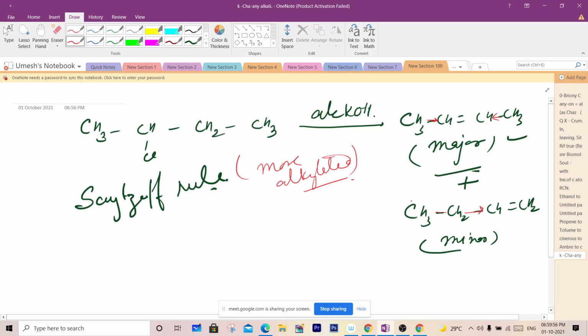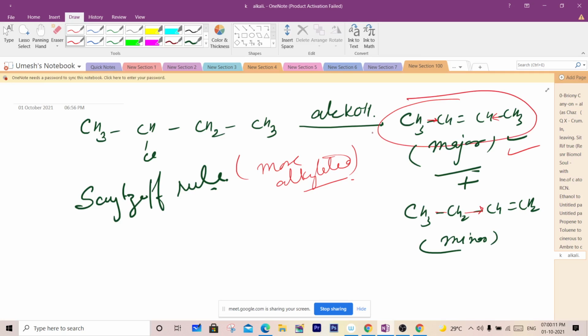So which will be formed? From the two sides. And now it means this is more stable. Can you tell me why this alkene is more stable? Due to the dipole moment being stabilized.